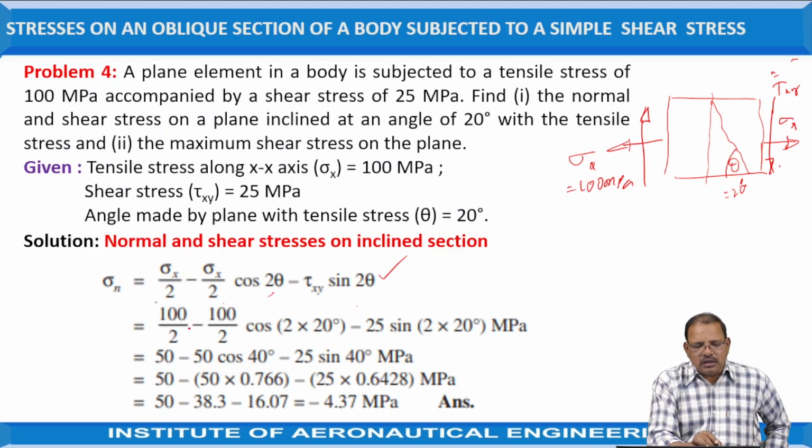So this is equal to 100 by 2 minus 100 by 2 into cos 2 theta, which is 2 into 20 degrees, minus tau xy, which is 25, into sin 2 into 20 megapascal, which is equal to 100 by 2 is 50, cos 2 into 20 is cos 40, minus 25 sin 40 now.